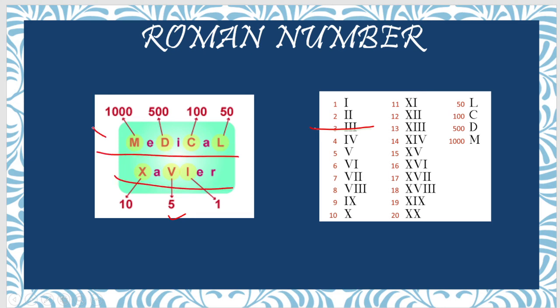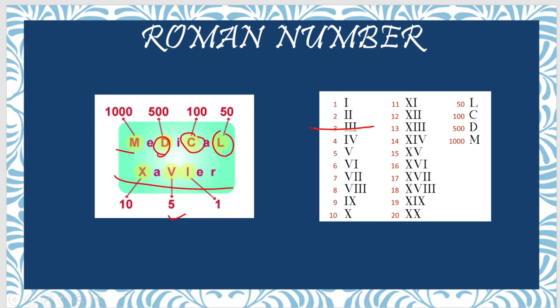Medical, M stands for 1000. I will just tell you two things, that medical is first, so medical M. M stands for medical, this is 1000. D stands for 500, and you can see, children, zeros at the back. Behind this medical you have 3 yellow dots, it means you have to put 3 zeros.